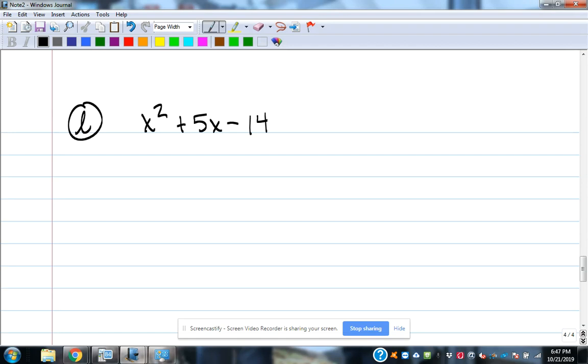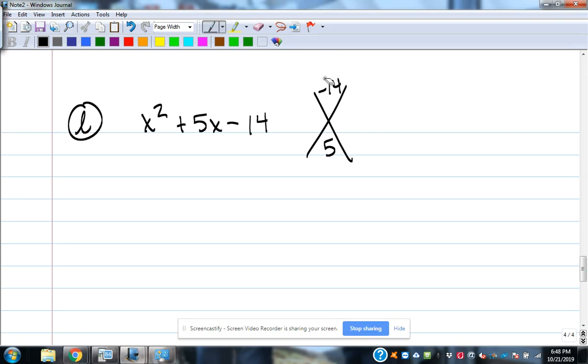There's nothing in front of the x squared, okay? That's the difference. And we're still going to do the x method the same way. 1 times negative 14 is negative 14, and we want it to add to be 5. We're still going to set up the x and do the x method the same way, but I want to show you a shortcut for when there's nothing in front of the x squared.